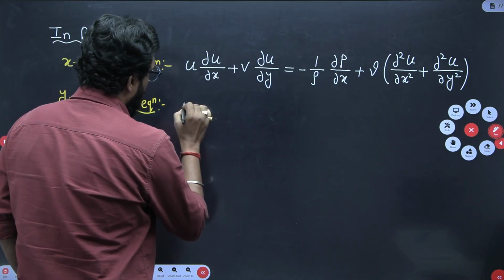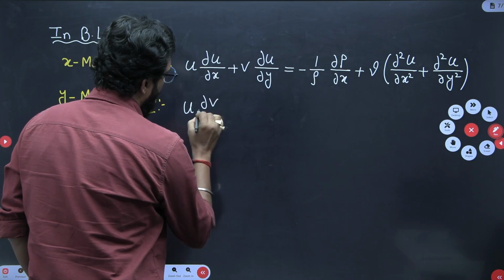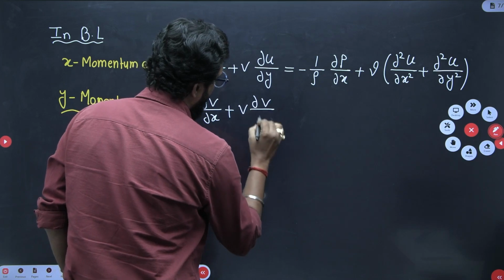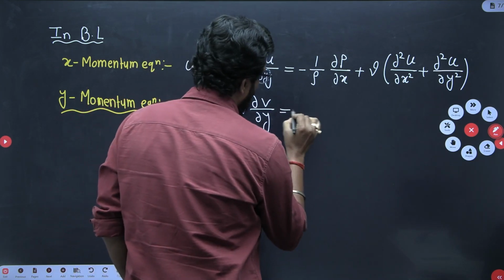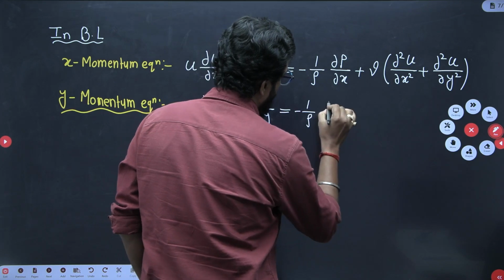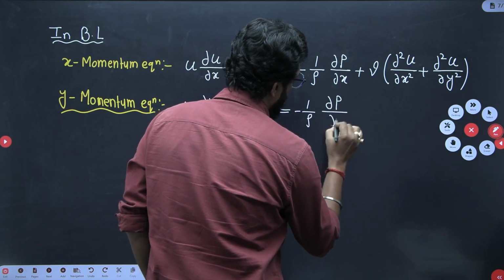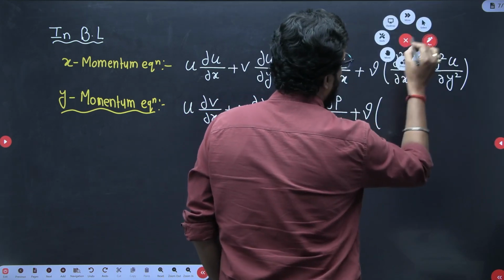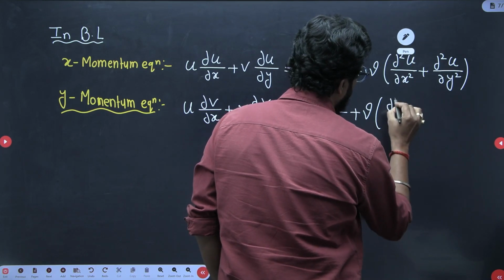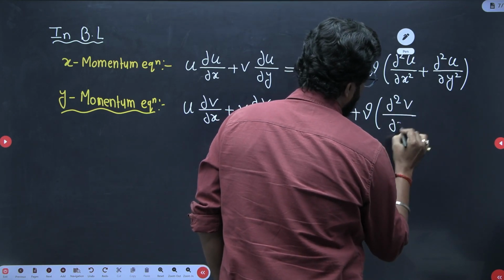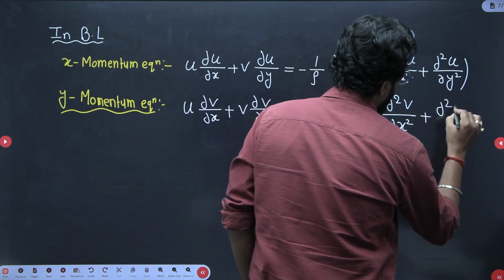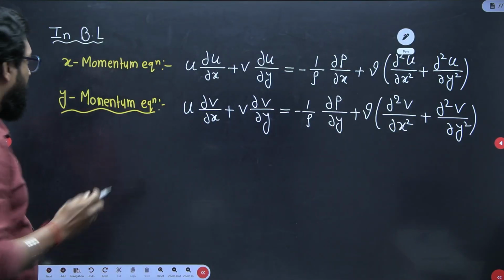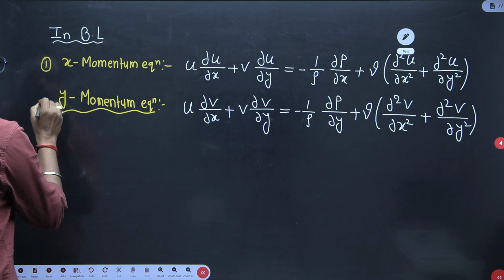So here u dou v by dou x, in y, plus v dou v by dou y is equal to minus 1 by rho dou p by dou y, now the pressure gradient in y, plus nu, and the diffusion is in the y direction. So this is your y momentum equation.